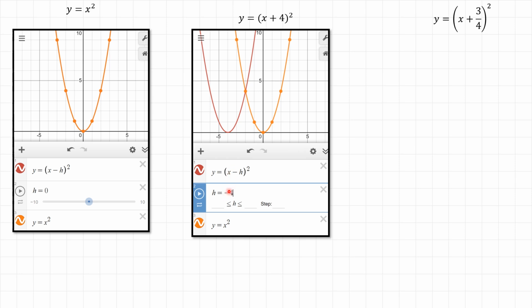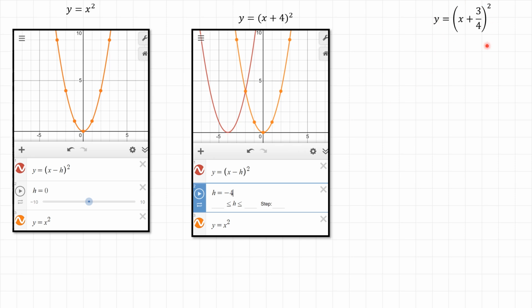And when I'm subtracting a negative, that's the same thing as adding a positive. So when h is a negative number, it looks like the parabola has been translated to the left by, let's count here, 1, 2, 3, 4 units. That's the same thing as the value of h, 4 units, but because it's negative, it's not moved to the right, it's moved to the left.